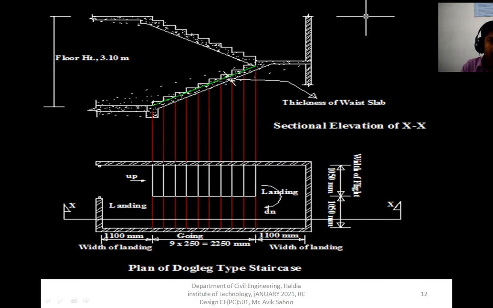Again in AutoCAD I developed this geometrical plan of a dog-legged staircase. Okay, sectional elevations are drawn, so you see that here the sections are considered and the elevations are drawn here. The brick wall, okay, the beams are placed here.